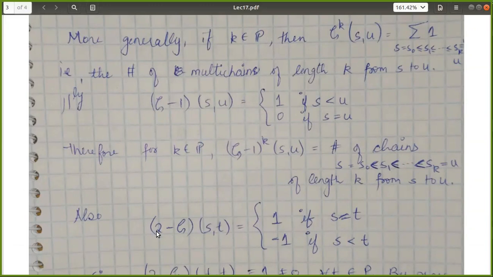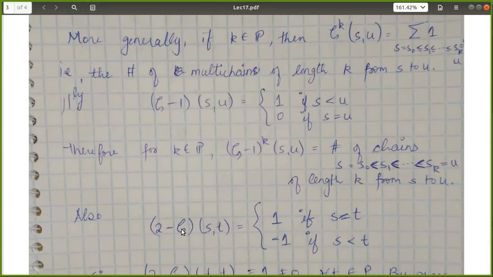All right? So recall again, zeta of ST is 1 for S less than or equal to T. So if S is strictly less than T, what is zeta of ST? That's still 1.